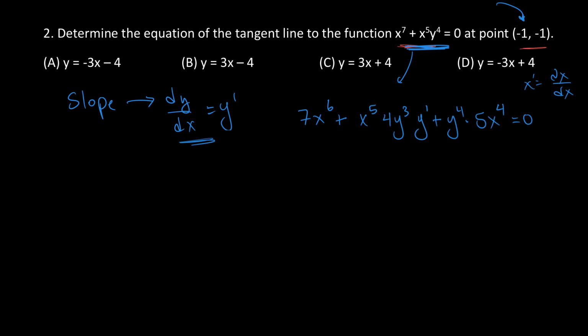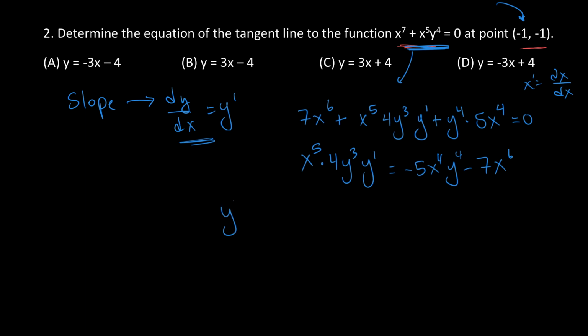All right, so let's go ahead and continue on. We are going to solve this. I'm just going to clean it up a little bit. So this is x to the 5th times 4y cubed y prime equals -5x to the 4th y to the 4th minus 7x to the 6th. I brought the y primes over, put the y prime by itself on one side.